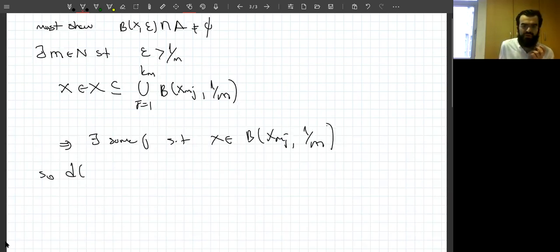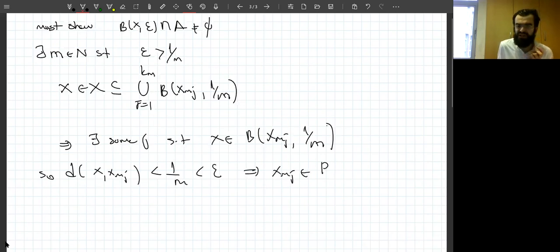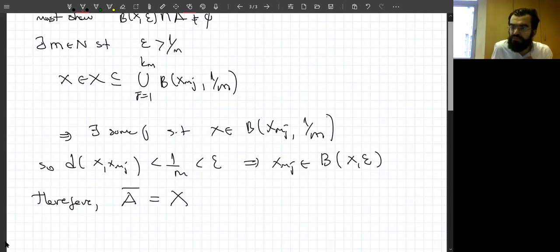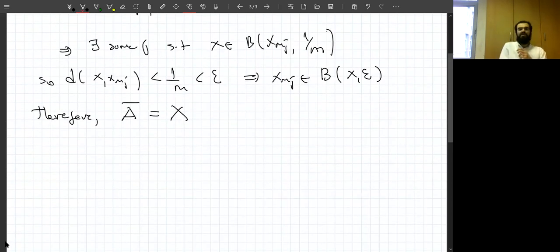So this distance is less than 1 over n, less than epsilon. Implies our x_nj is in here. Therefore, A closure is X. So A closure is X, it means what? But A is countable implies X is separable.